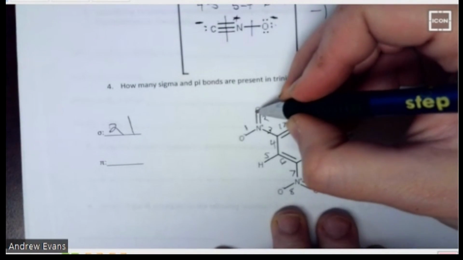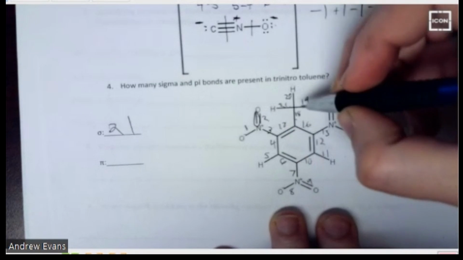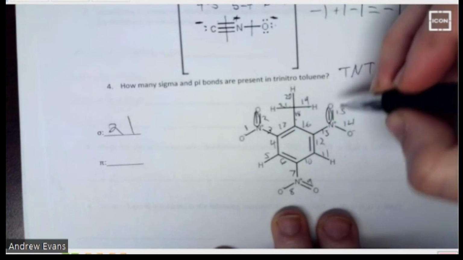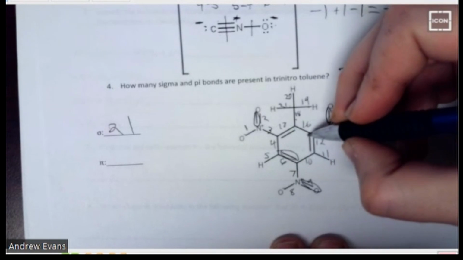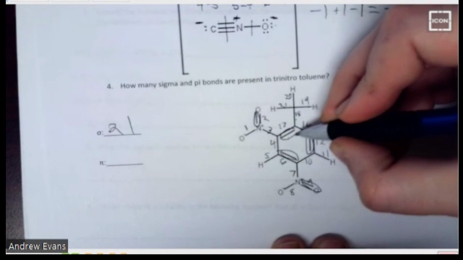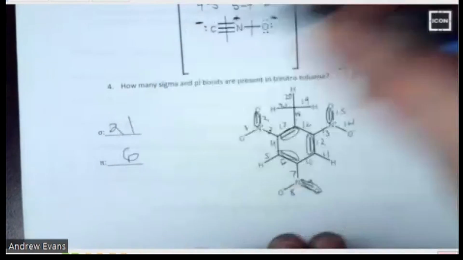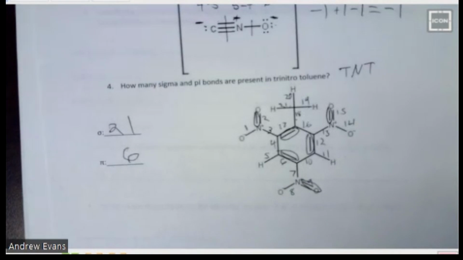Now, every bond that has a second bond, so that's 1, that's 2, that's 3, that's 4, that's 5, and that's 6. 21 sigma bonds, 6 pi bonds.